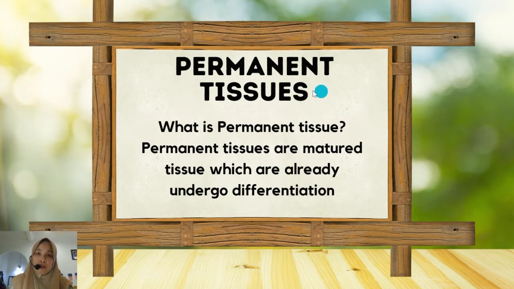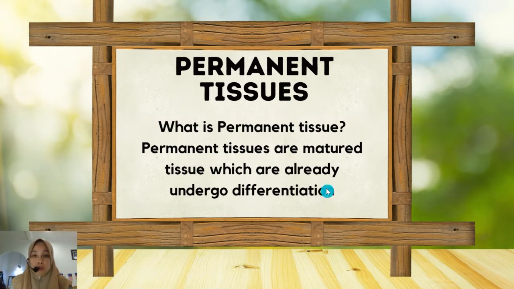First of all, we go to the permanent tissues. What is a permanent tissue? Permanent tissues are matured tissues which have already undergone differentiation.